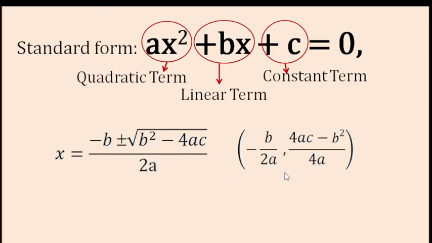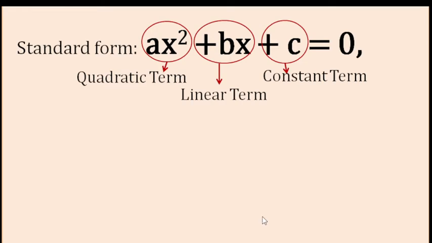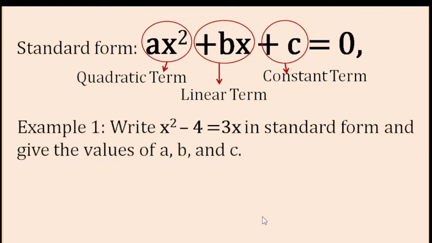In finding the vertex of the graph of a quadratic function, we also have the letters a, b, and c. And also in finding the value of the discriminant, it also uses a, b, and c. Now, we will have examples in writing our quadratic equation in standard form and giving the values of a, b, and c.